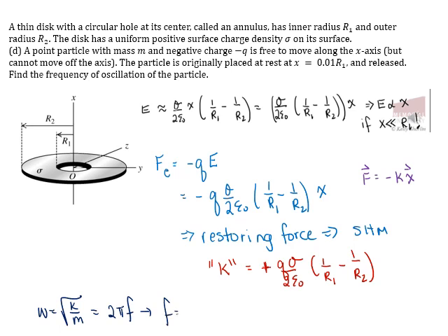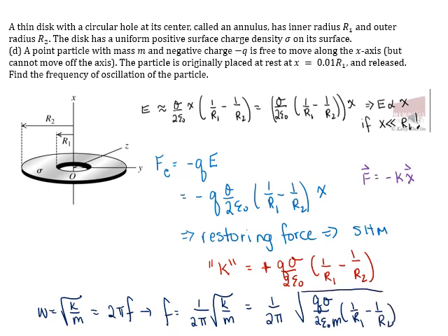So our frequency of oscillation is 1 over 2 pi times the square root of our constant of proportionality divided by the mass, or 1 over 2 pi times the square root of q times sigma over 2 epsilon naught m, times 1 over r1 minus 1 over r2. So if we place that little particle at this point on the axis and let it go, it would bounce back and forth between those 2 points with this frequency.